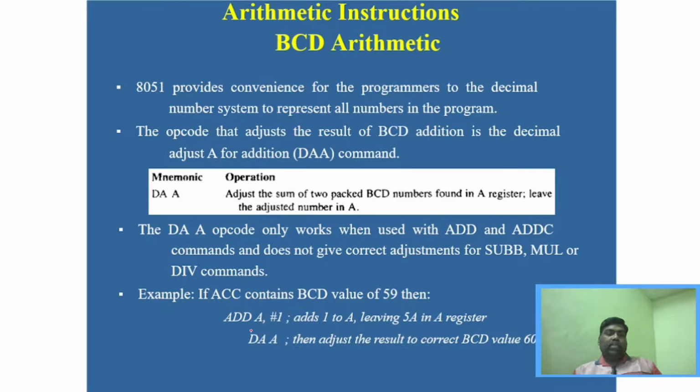For example, if the accumulator already has 59 and the instruction adds 1 to it, the accumulator value will become 5A in hex. Then if you use DAA, it will adjust the accumulator to the correct BCD form, which is 60.